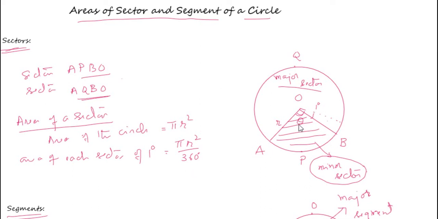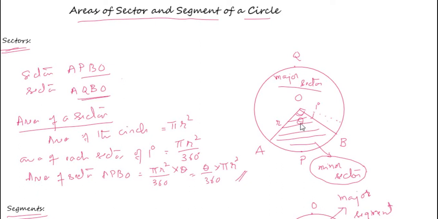Suppose this angle is theta between these two radii. The area of the sector between these two radii, area of sector APBO, is equal to pi r square divided by 360 into theta, or we can call it theta divided by 360 into pi r square.